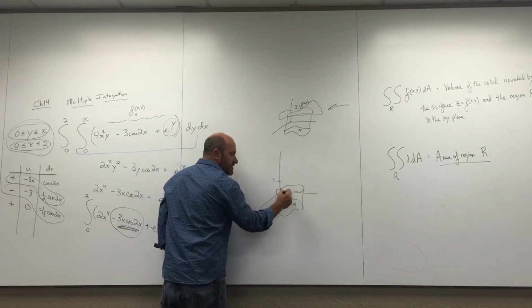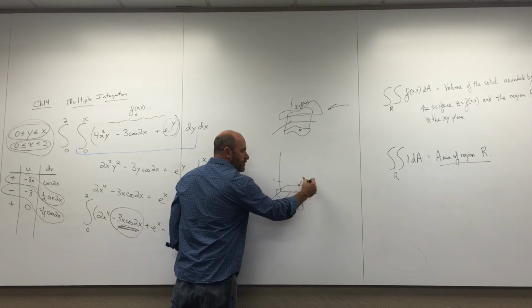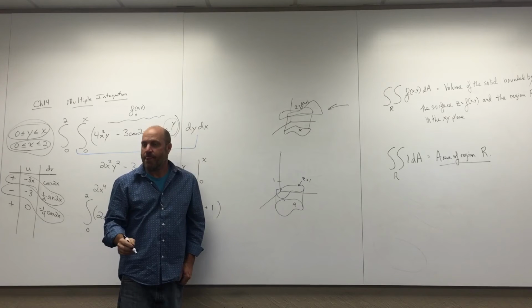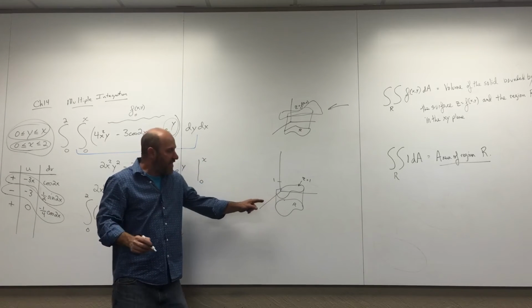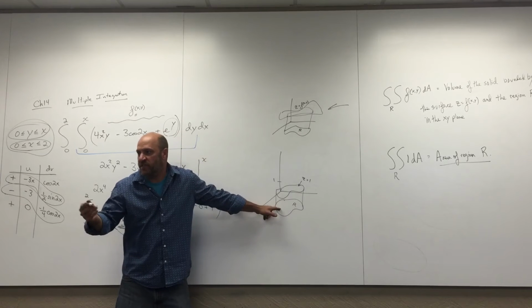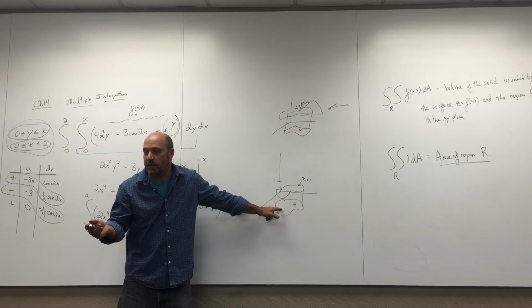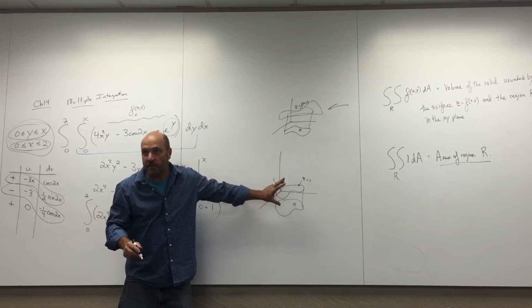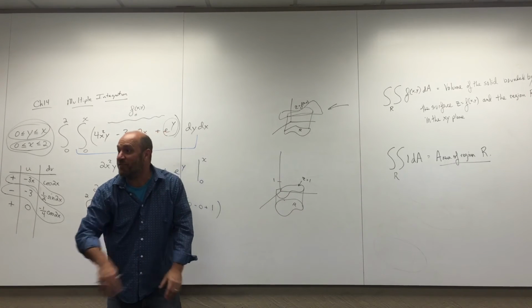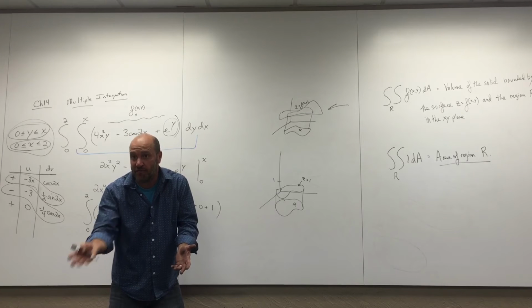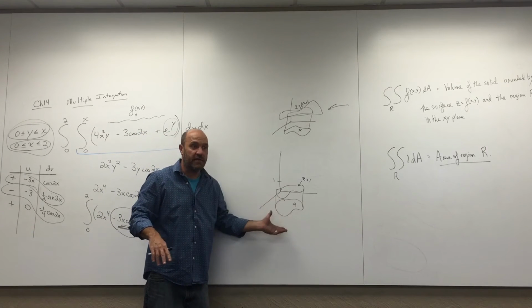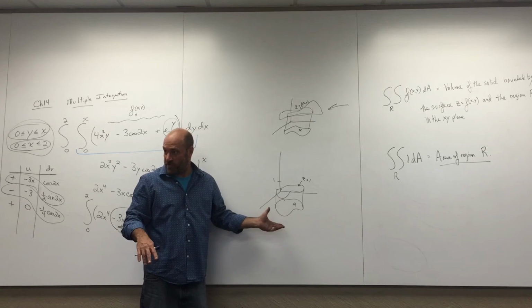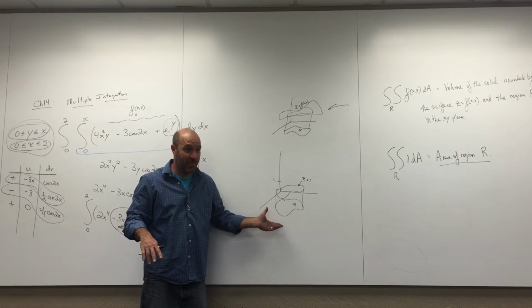This is just z equals 1. If the area of that base is, let's say, 14, what's the volume of this thing? 14 times 1. If the area is 14 and it has a height of 1, what's the volume? 14 times 1, so 14. Are you with me?